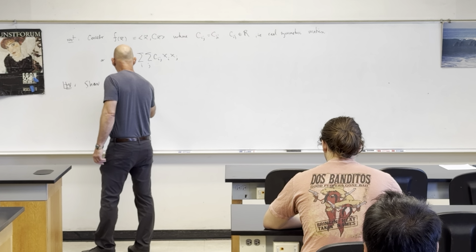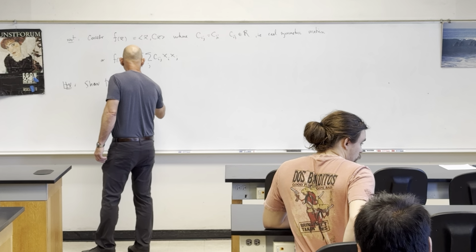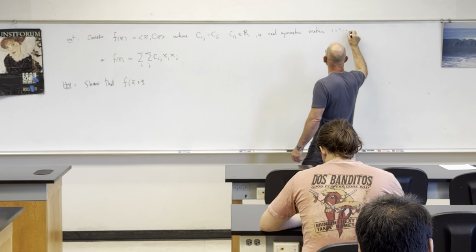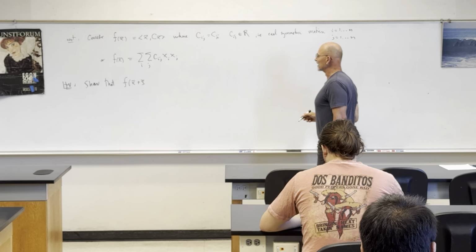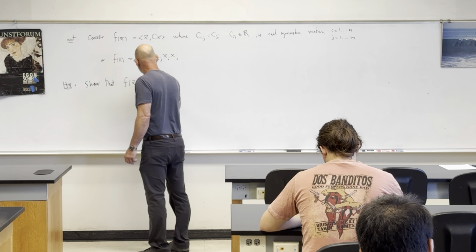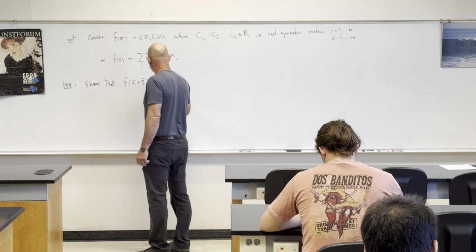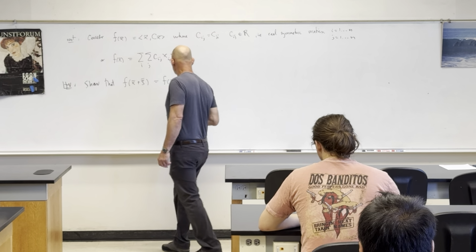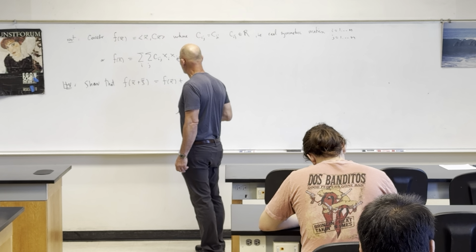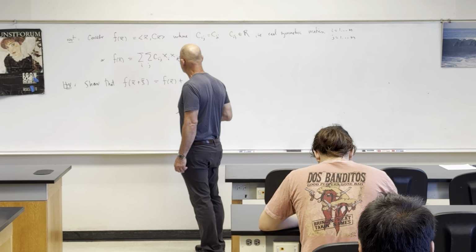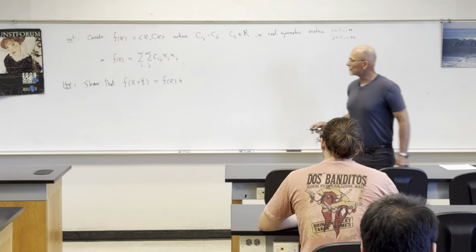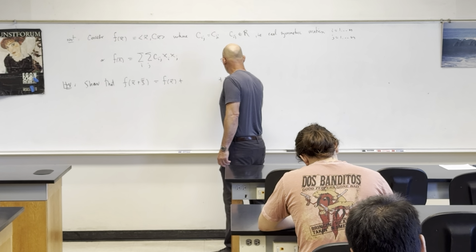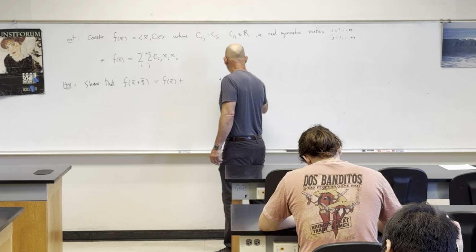Show that f of x plus c, with i equals 1 to n, j equals 1 to n, can be written as f of x plus... What we're trying to do is show that this is this plus a linear term plus something that's of the order of c squared.